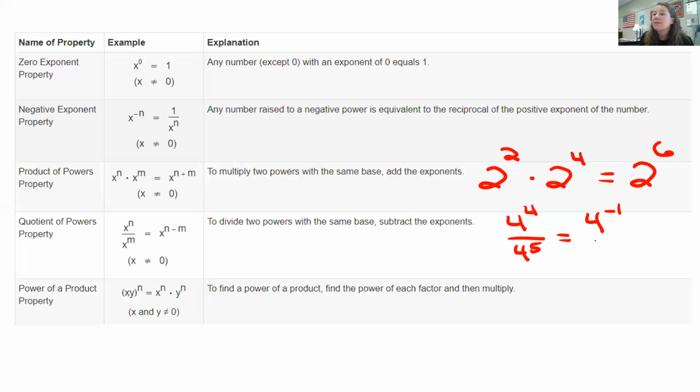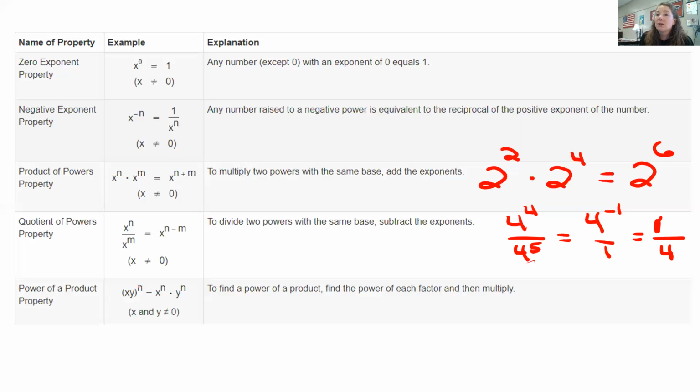The way this is written, the 4 is in the numerator. To make it a positive exponent, we flip it down here to the denominator. You can't have a blank in the numerator, so we have to put a 1. So 4 to the 4th power divided by 4 to the 5th power is equal to 1/4. Okay? All right.